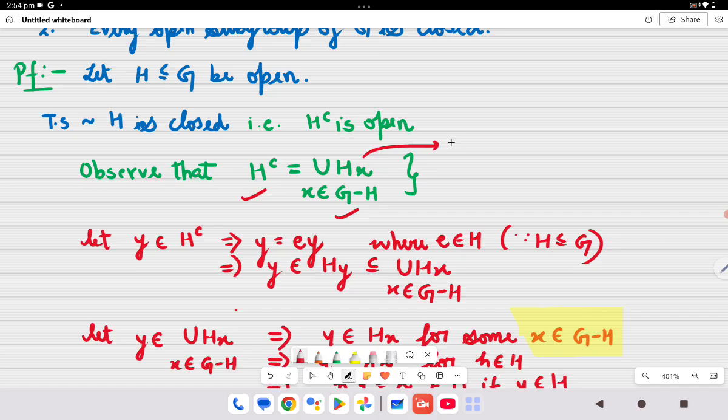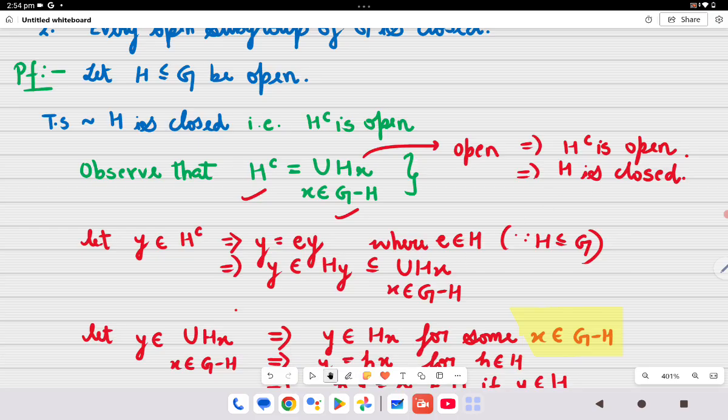So HX will be open. Arbitrary union of open sets is open. Okay, so what we got is that H complement is open. Now H complement is open implies H is closed, and this is what we had to prove, that every open subgroup of a group G is closed. Okay, so we are done.